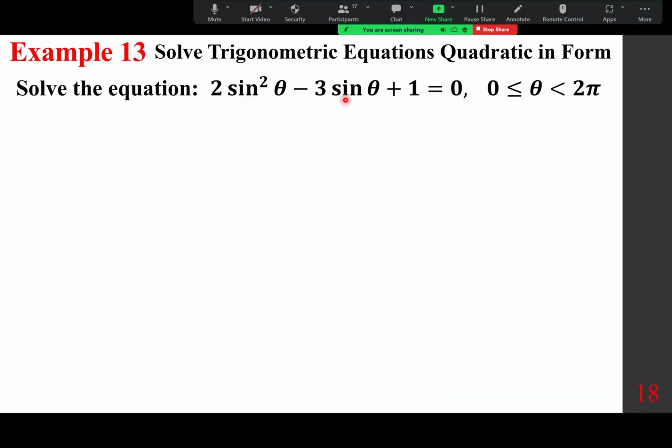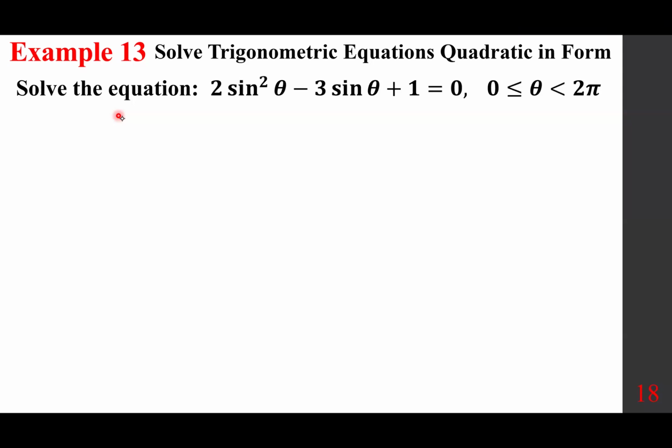2 sine squared theta minus 3 sine theta plus 1 equals 0. Again, we are dealing with trigonometric equations that we can use the quadratic format to factor. And in this case, you don't have to make any changes because all of them are a function of sine.